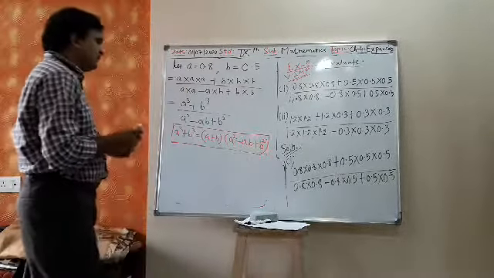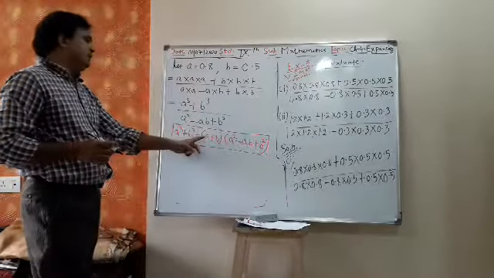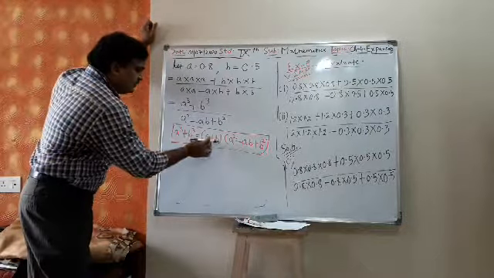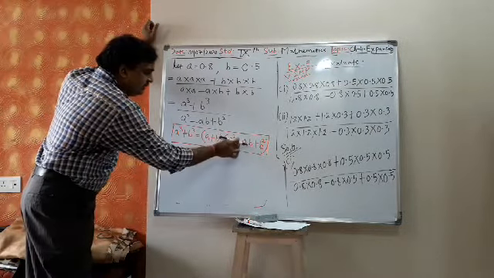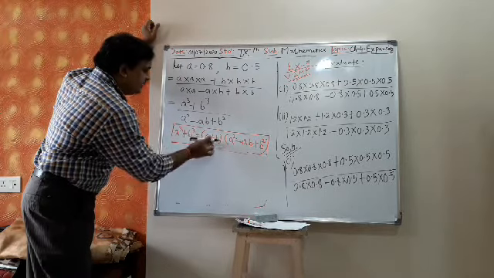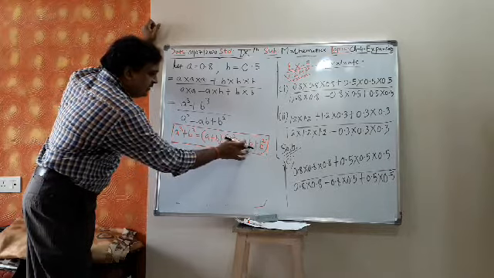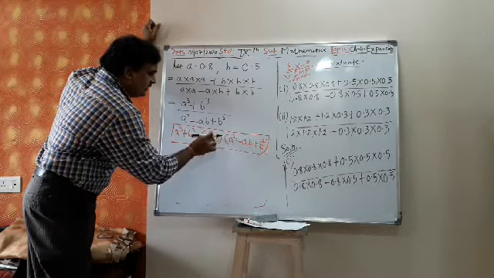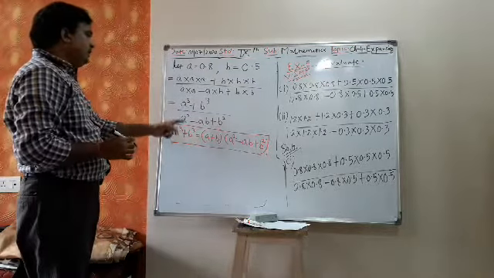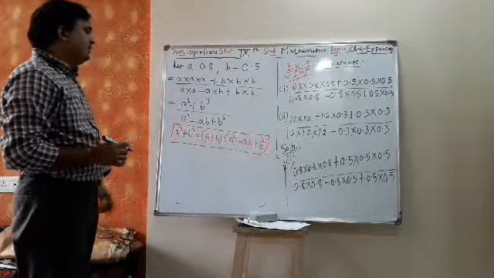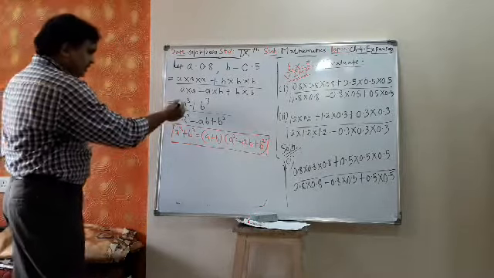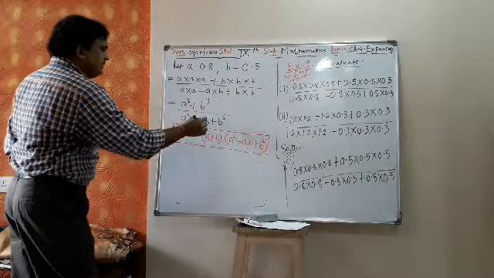See how you will remember: if it is A cube plus B cube, then it is A plus B, and the term AB will have a minus sign. So what is A cube plus B cube upon A square minus AB plus B square? Tell me, what will be this value?